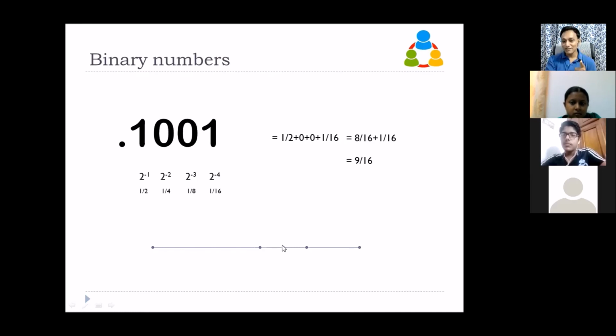So what will be the value? This one? It will be 0.625, between 0.5 and 0.75. Again it is 0. So that means it is here. Further divide. So it is in the center of this one. This is 0, this is 1. So now we know our value is somewhere here.